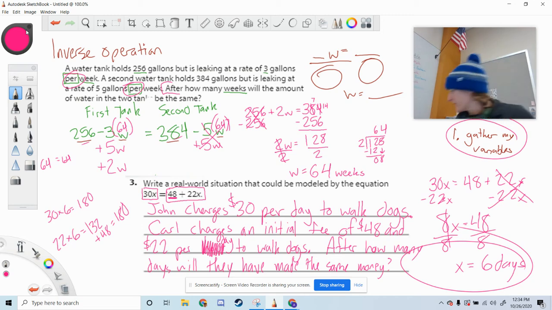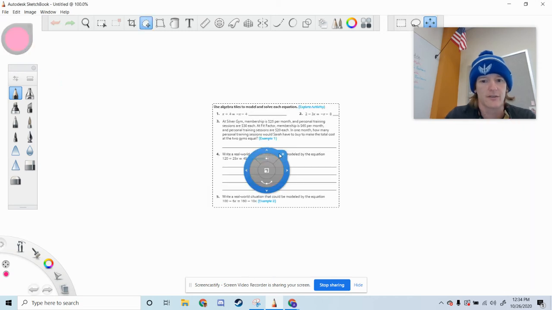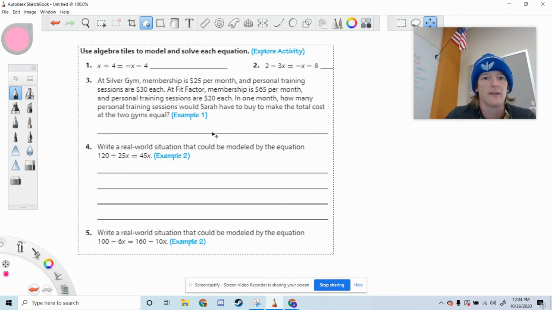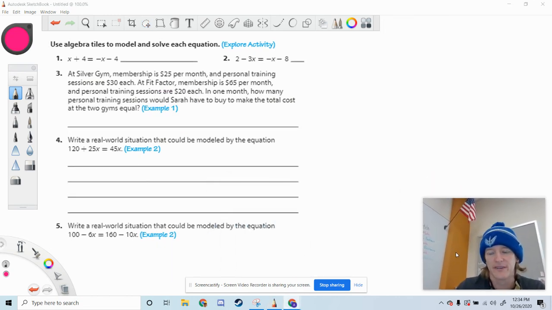So now we're going to go to page 200, and we're going to answer all of those questions. First one, it says use algebra tiles, but because I don't have you in class, you don't have any algebra tiles. So we're just going to solve it with algebra. We have x plus 4 equals negative x minus 4. Step 1 is to get these x's on the same side. I can either subtract an x or I can add an x. I'd rather add an x, because if I was to subtract from both sides, I'd have negative 2x over here.